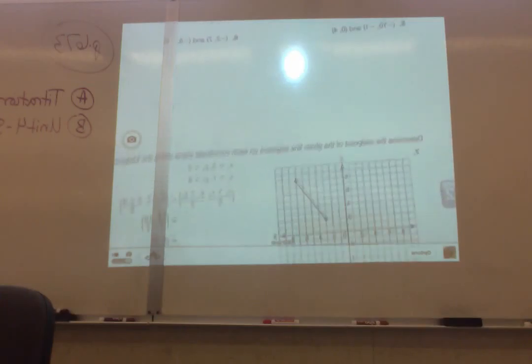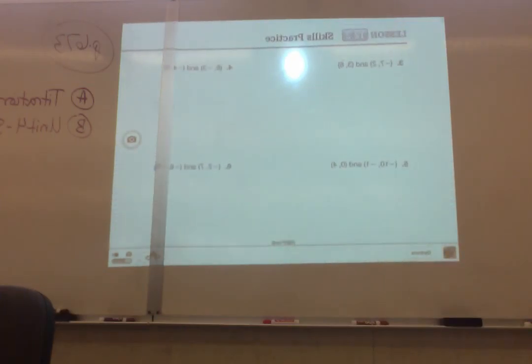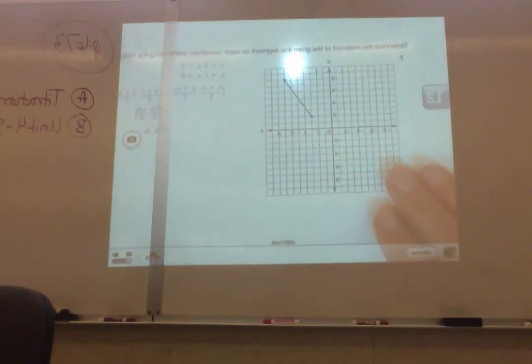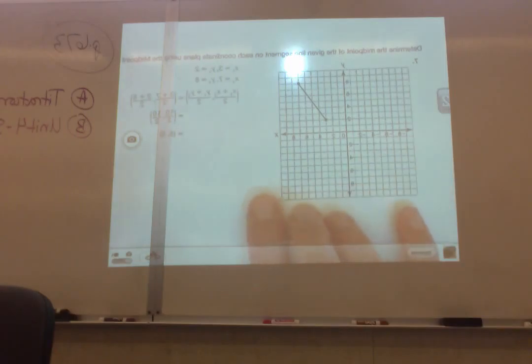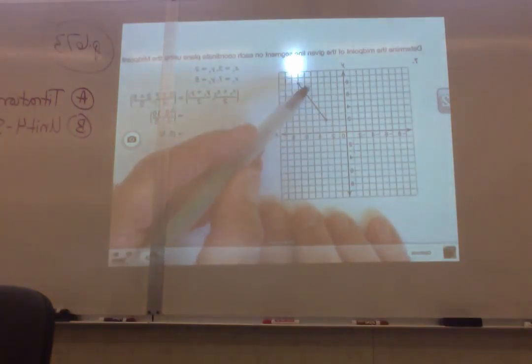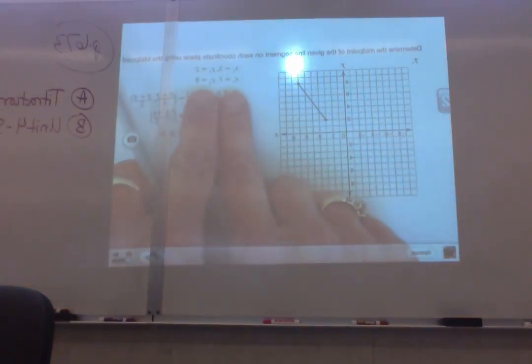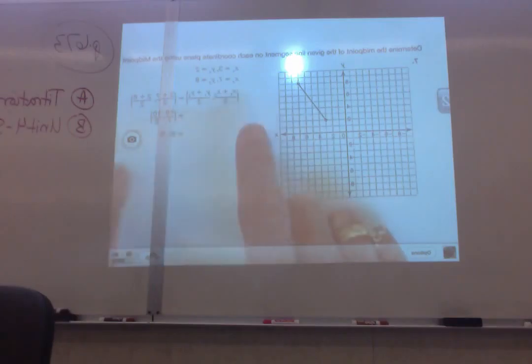More midpoint formula where you're given ordered pairs. And then just like with distance formula, now here's a graph. And so you need to get the ordered pairs off of the graph to figure out the x1, y1, x2, y2. Load those into your formula.